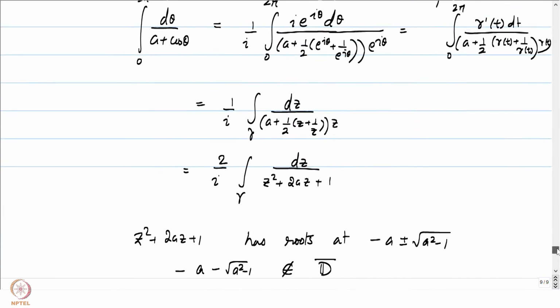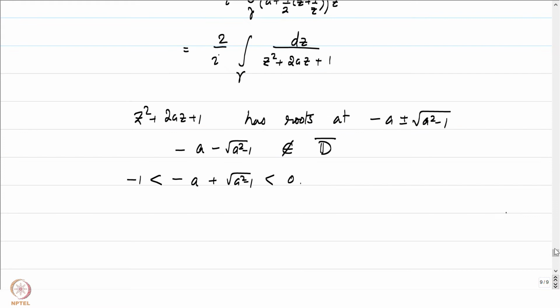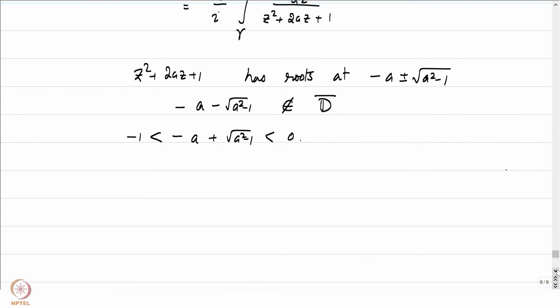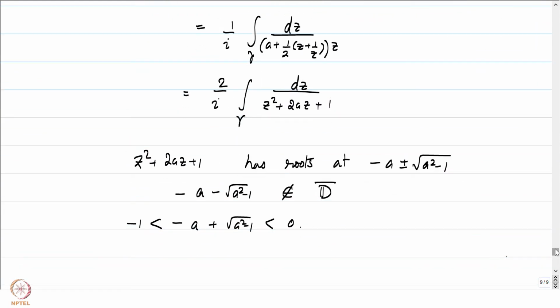So, now if you look at the function 1 by z square plus 2az plus 1, this is a meromorphic function with singularities at minus a plus square root of a square minus 1 and minus a minus square root of a square minus 1, in C minus 0.